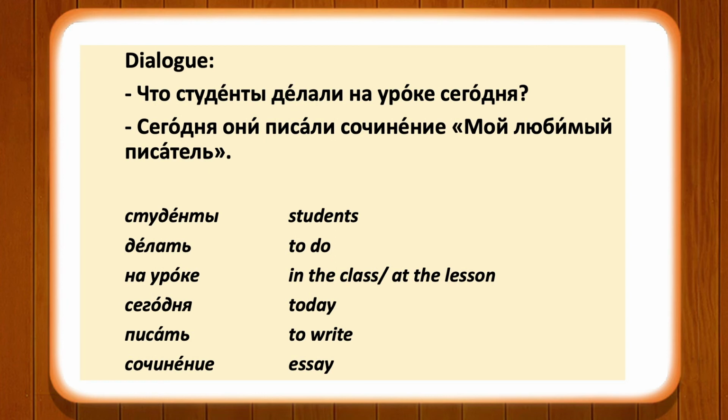The answer is: сегодня они писали сочинение. Мой любимый писатель. Сегодня means today. Они, they. Писали, they wrote. The verb is писать, conjugated in the past tense according to the pronoun они.